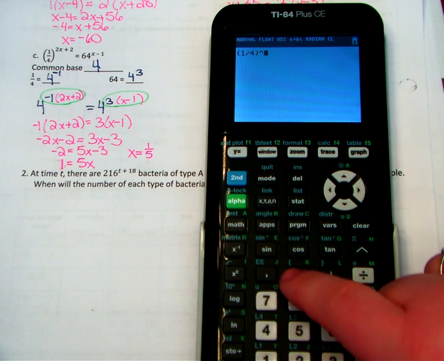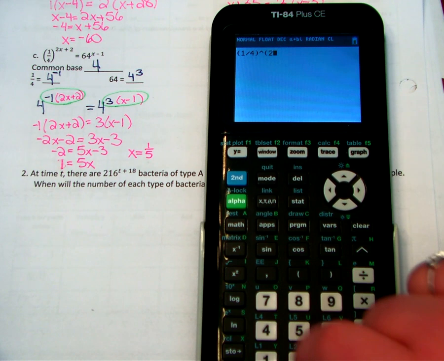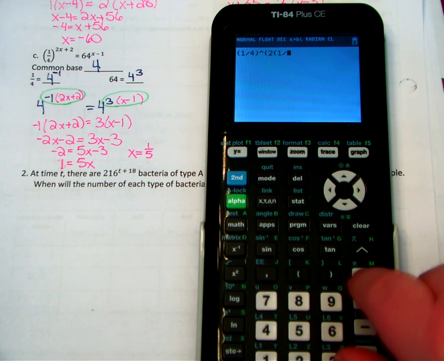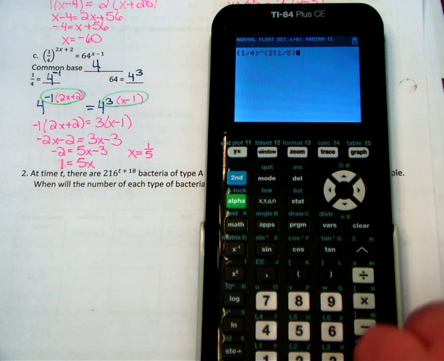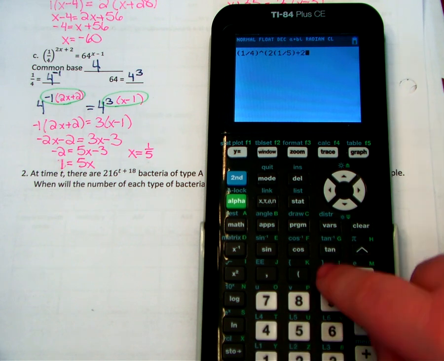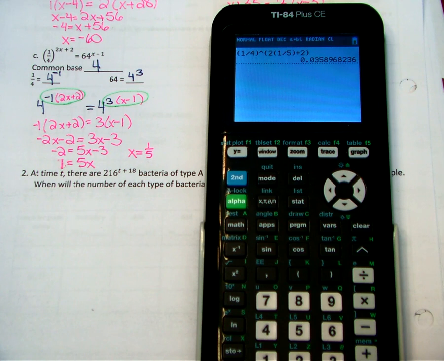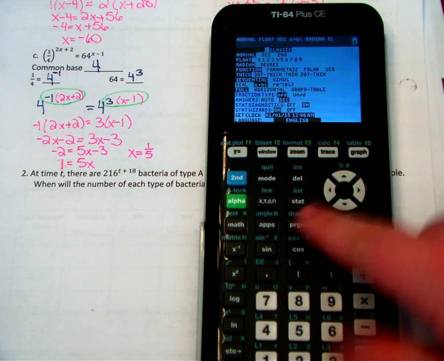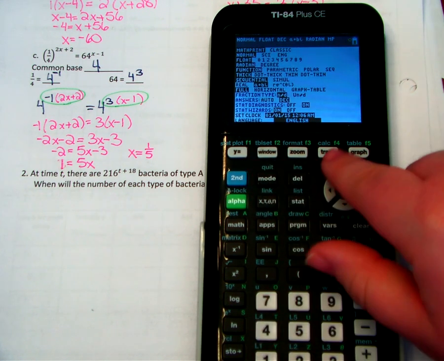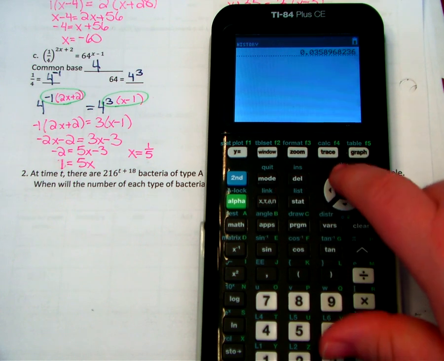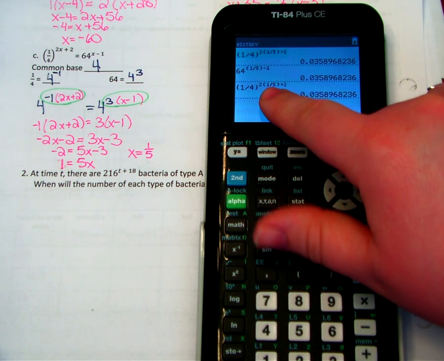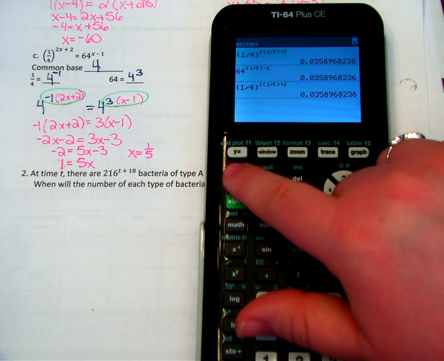So this would look like 1/4 raised to the, notice how I started the parentheses to say I'm going to start an exponent here, 2 times 1/5 plus 2, and then close parentheses. That's only if you have a calculator that doesn't already make it look like an exponent. If it already looks like this, you don't need to put the parentheses, but it's certainly not going to hurt anything.